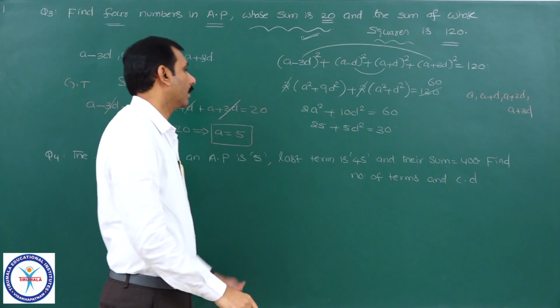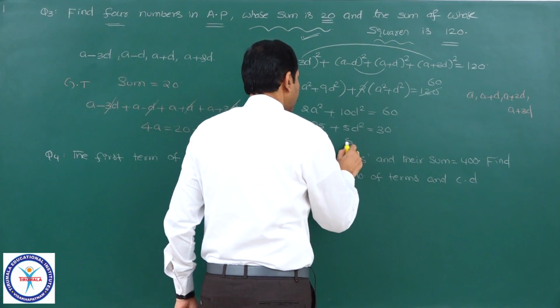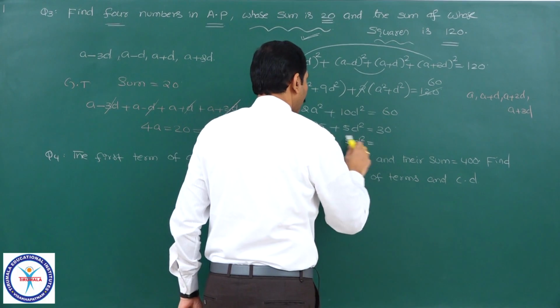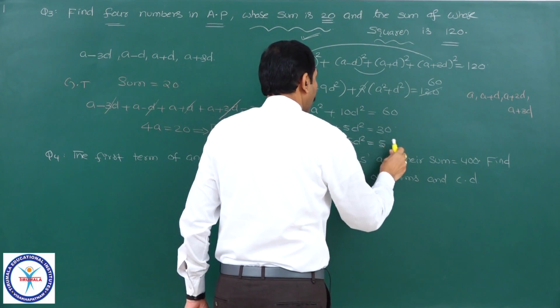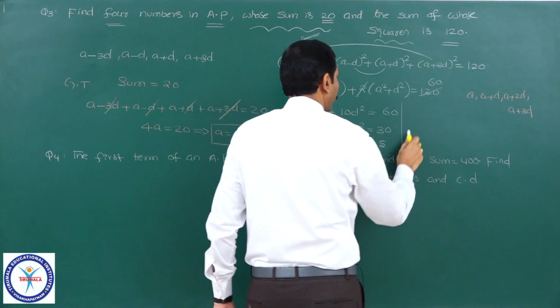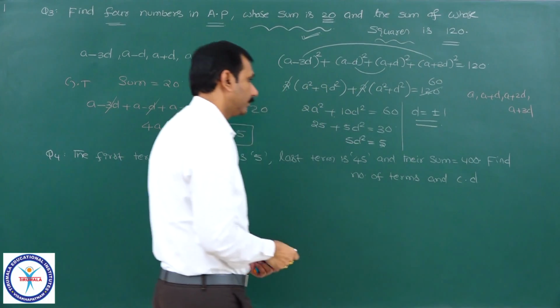Already I have taken 2 common. That is 5d² is equal to 30 minus 25, which is 5 only, or 5d² = 5 means d = ±1.